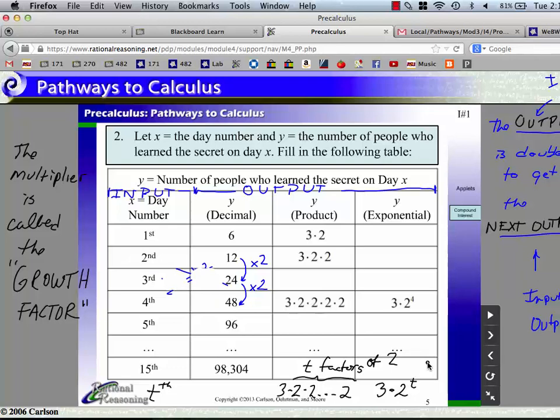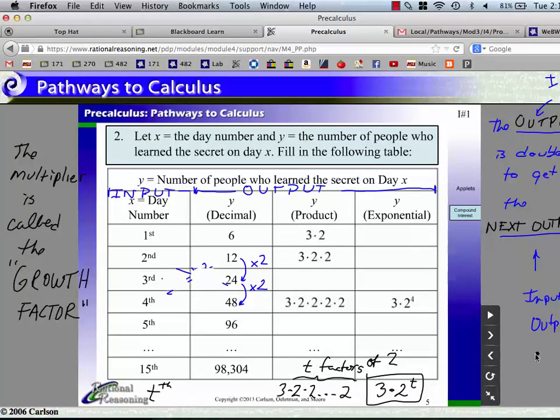Every time you multiply by the 2. That's right, exactly. It's the number of times we multiply by the growth factor. So after t days, we will have multiplied by that growth factor t times. So t 2's multiplied together is more easily written as 2 to the t.